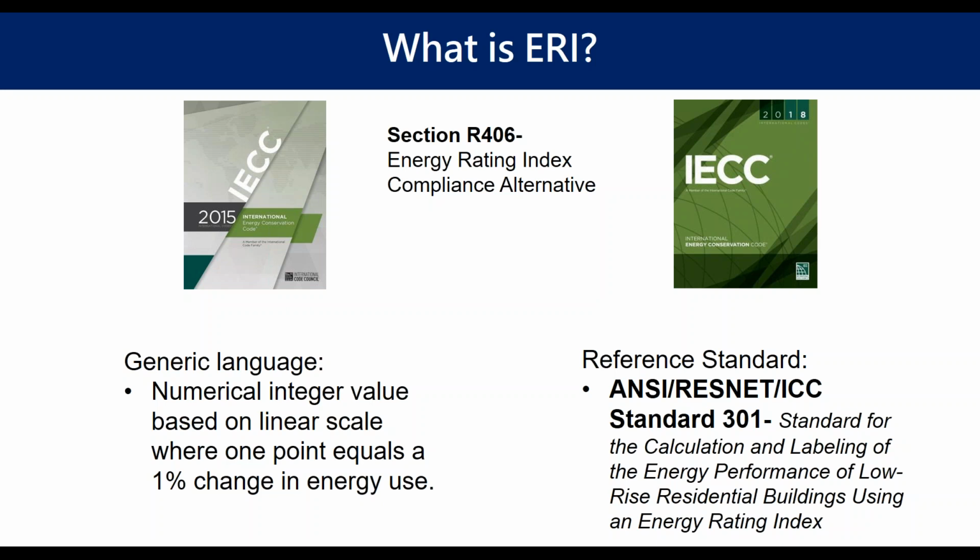The reason that generic language exists in the 2015 code is that the ANSI Standard 301 was not yet available to reference within the 2015 code. However, in the 2018 version, the ANSI standard is included, and essentially the definition and the use of ERI is fully laid out within that standard.